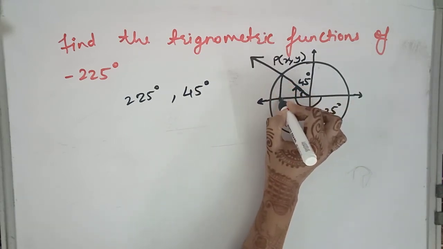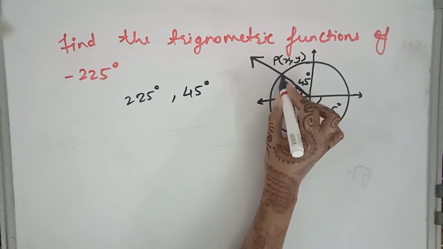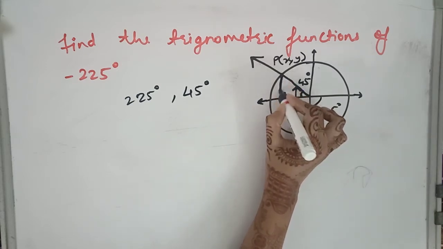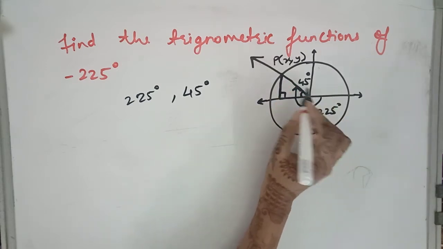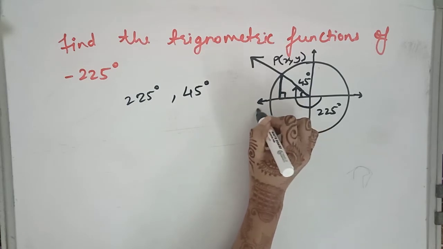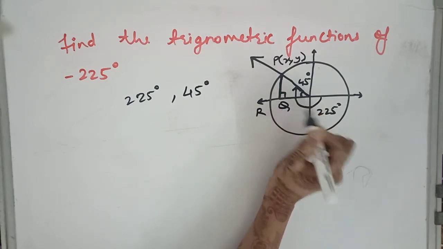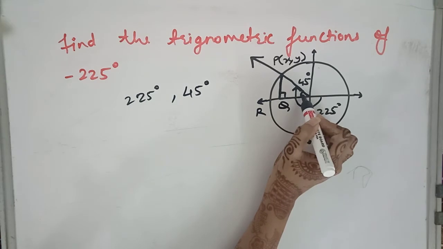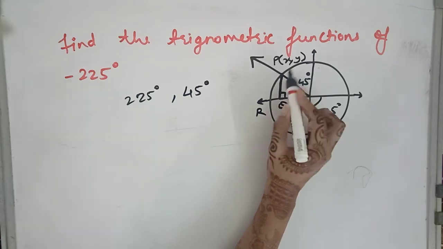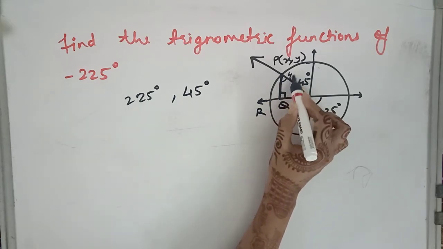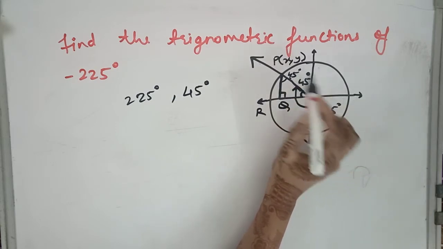We'll draw a horizontal line. We'll draw a vertical line, that is the height PQ. Now this angle is 45, right? So the other angle will also be 45 degrees.